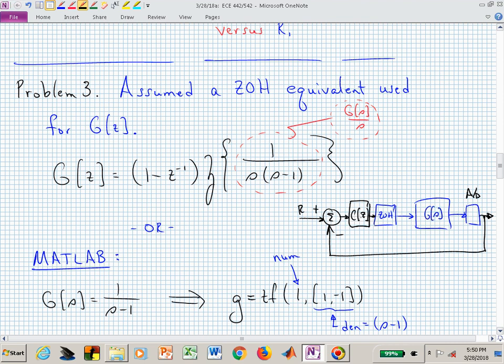And so what we're doing now is we're finding this G of Z, which combines the zero-order hold and the analog plant to create a capital G of Z. And once we have a capital G of Z, we can go to town. Now we can try to figure out what is this capital C of Z.